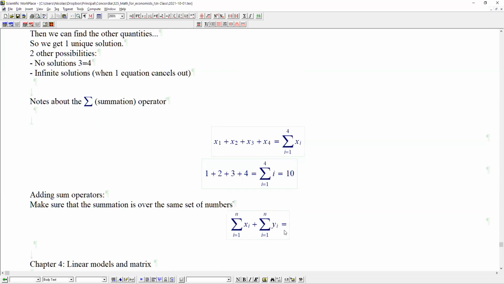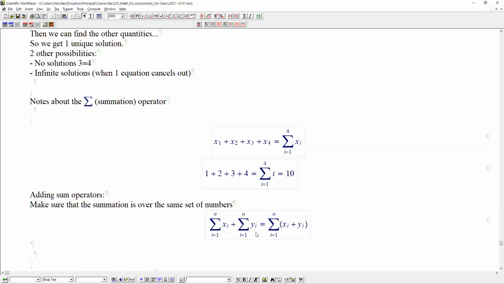And if you have this, then you can just write the summation of xi plus yi this way. So this works because it's just a summation. So a summation, you can combine things. So the associativity rule, so you can associate them before or after.